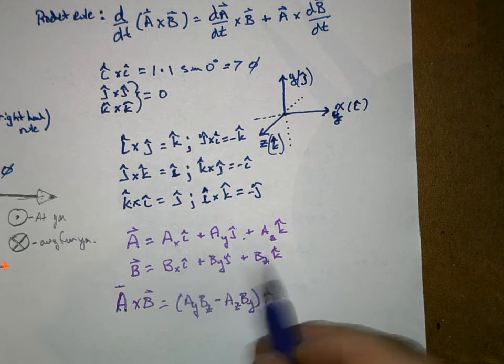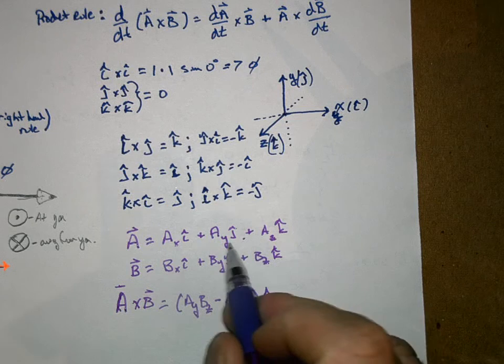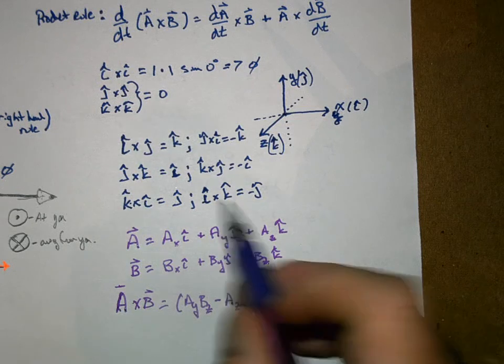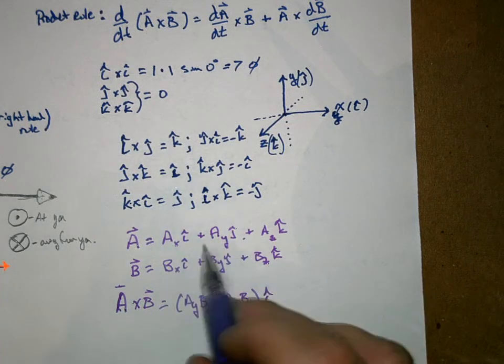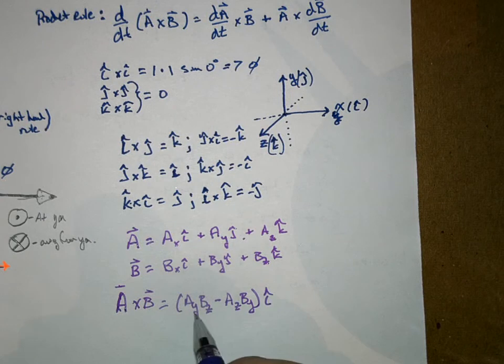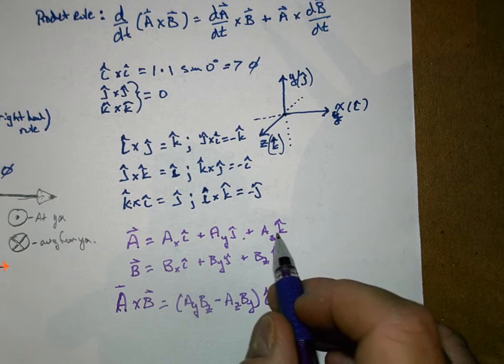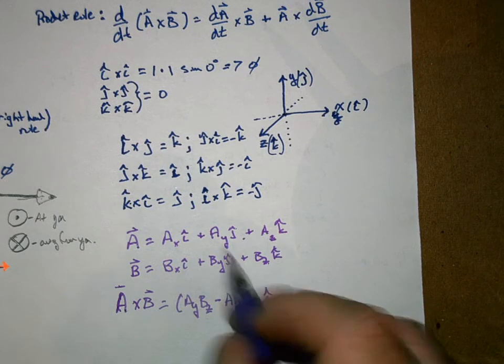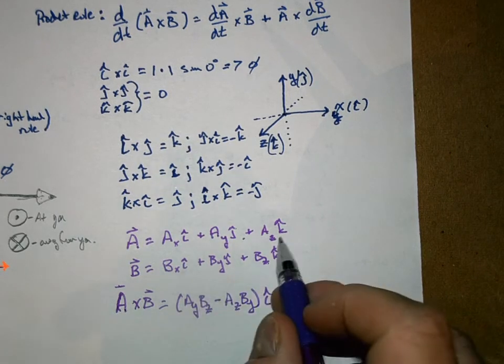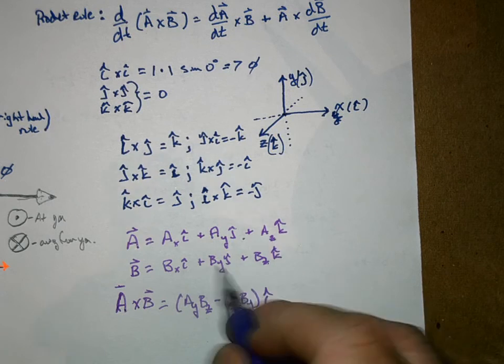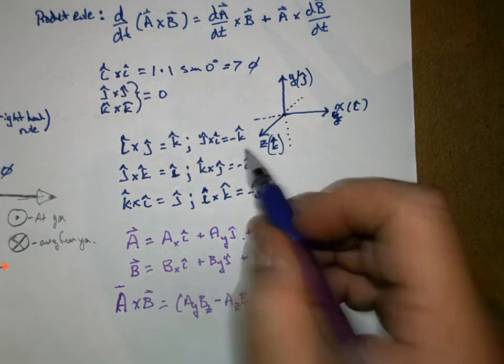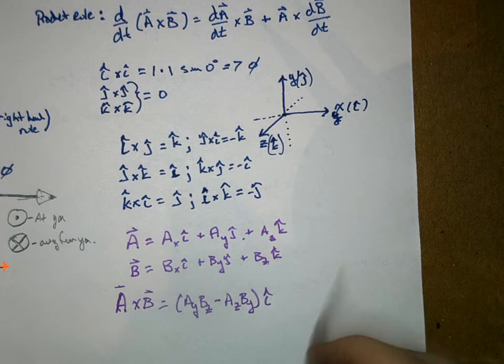Well, j cross k is in the i direction, right? That's AyBz going to be the first part, and then k cross j, because remember it has to be A times B. So AzBy is going to be in the negative direction, because k times j gives us negative i, and that gives us our i hat values.